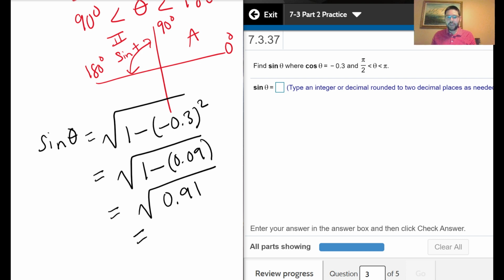And then they want us to type an integer or decimal. So we're gonna have to do this on a calculator. I'm just gonna do that over here. Let's see. All right, so the square root of that, I got, let me double check that.